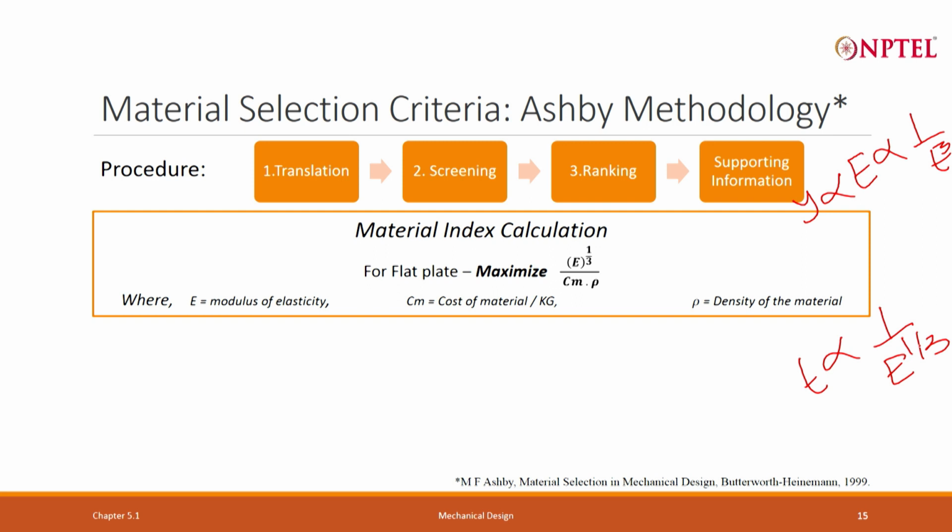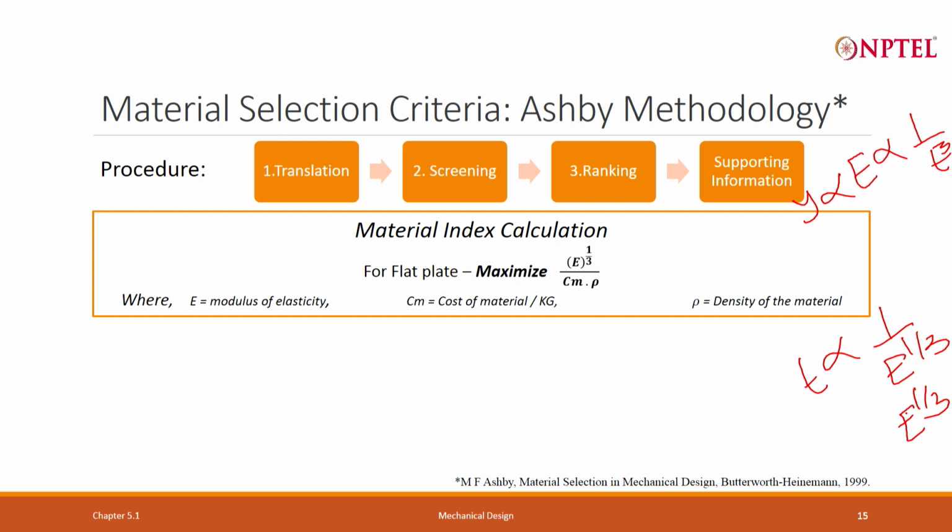The function we are using is to maximize. If I have to minimize, 1 by E to the power 1 by 3 will be there. If I have to maximize, it will go to the numerator. Right now it is in the denominator, for minimizing; to maximize, it goes to the numerator.